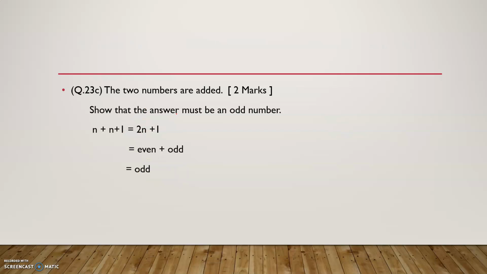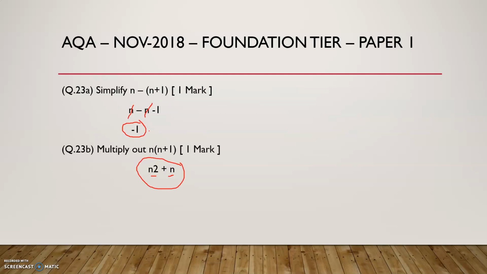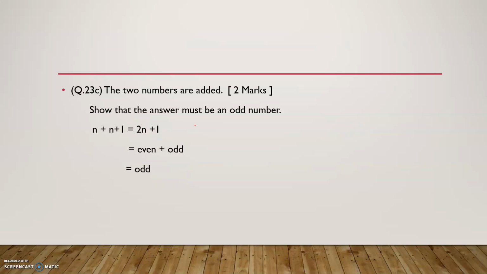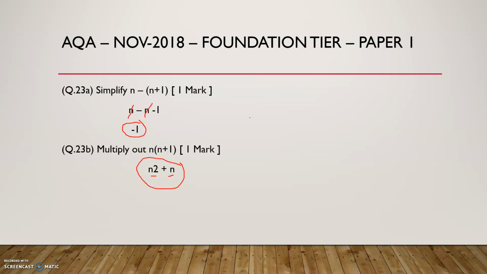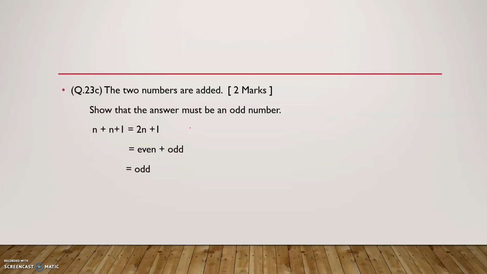Okay, so let's move to question 23C. The two numbers are added together, which is from this one. Show that the answer must be an odd number. Again, this is a part of proof that we discussed in the earlier example. So what we need to do is add these two numbers together.